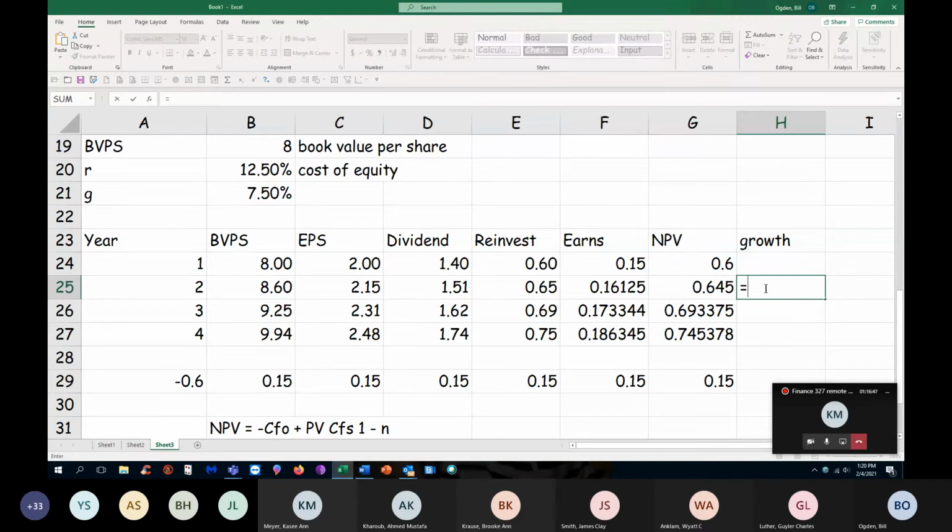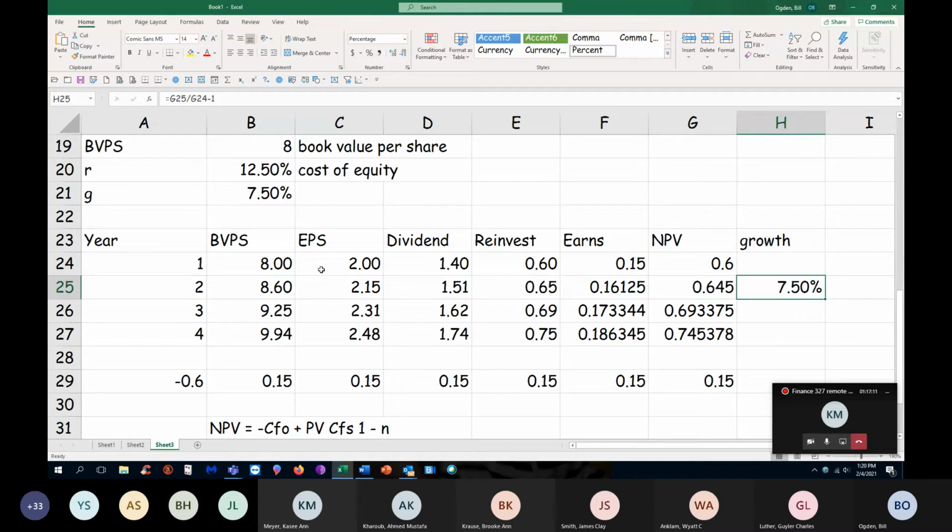So we're going to say equals 0.645 divided by 0.6. Oh, my bad. You always have to subtract one. And let's make sure that's a percent looking thing.